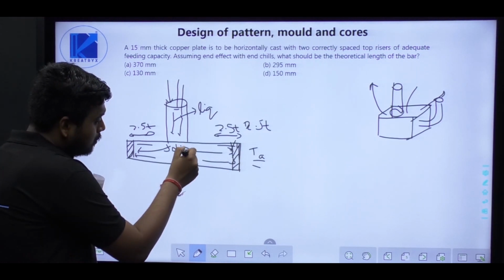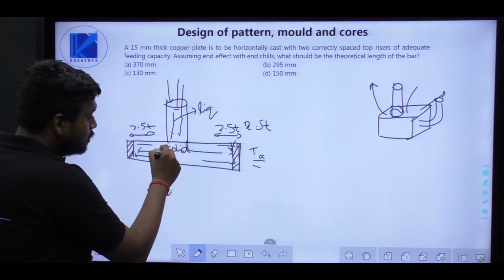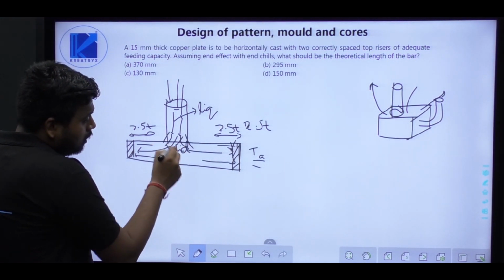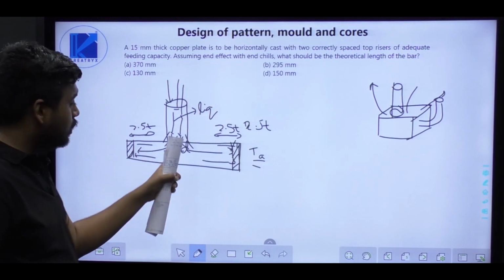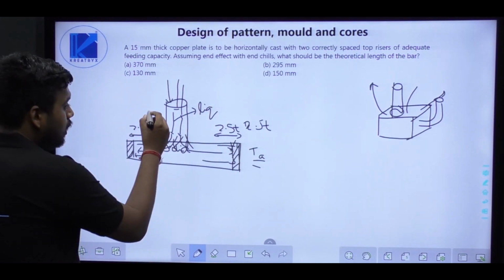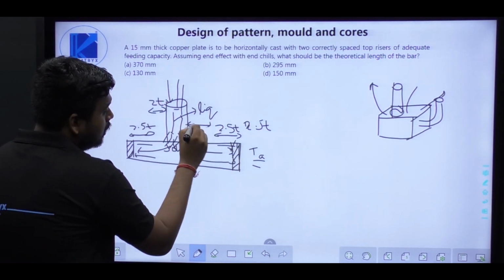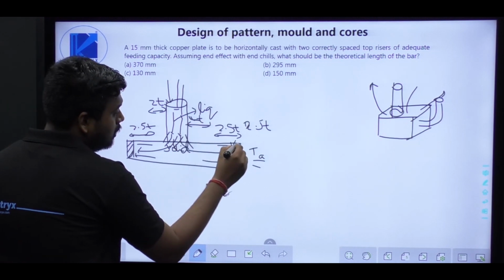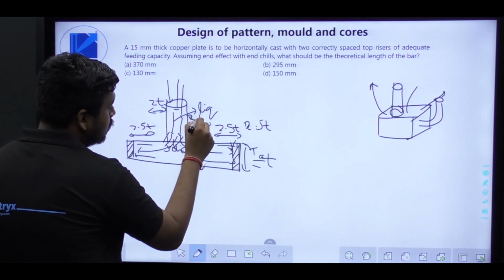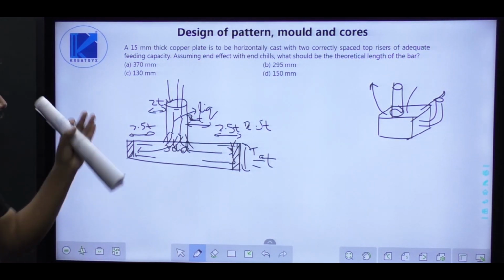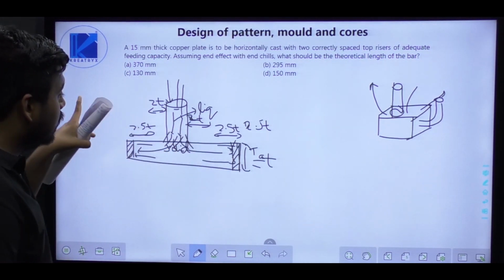So again there is a thermal gradient existing in these parts also, because the temperature of the liquid stage of the metal and the solid stage of the metal is different. So a thermal gradient of 2T occurs here, where T stands for thickness of the cast. So basically this question deals with the concept of placement of the riser only.